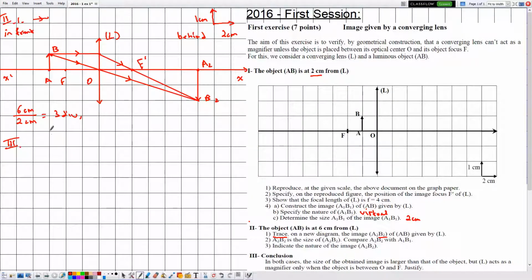Then let's say that since the image A1B1 is virtual and larger in size, then L acts as a magnifier.